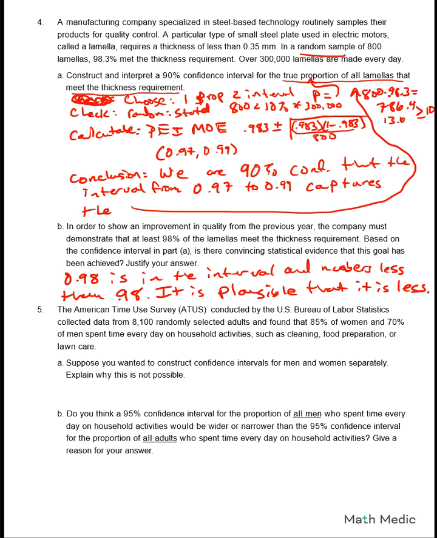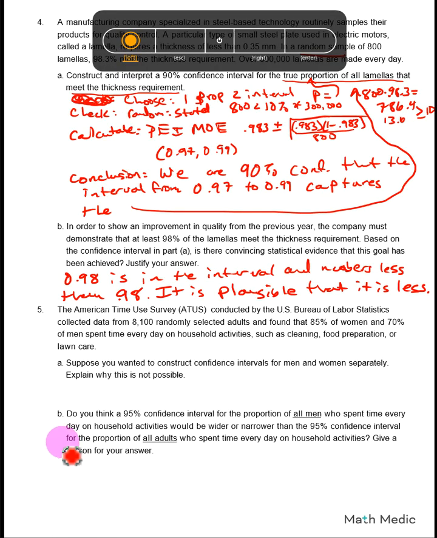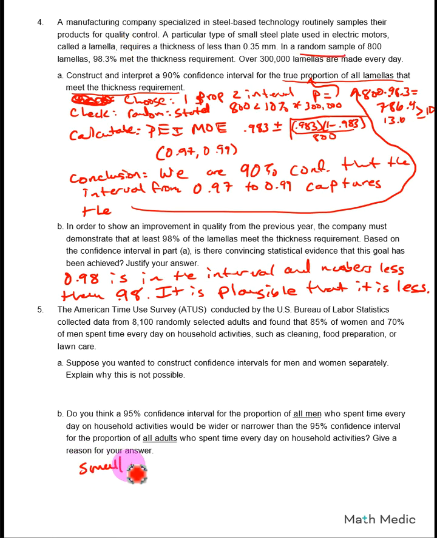Simply because if you're limiting yourself to men, you'd have a smaller sample size, which would give you a wider interval. You'd cut some number out of that 8,100, so your sample size would be a lot smaller. So you'd have a wider interval. Okay, let me check something real quick.